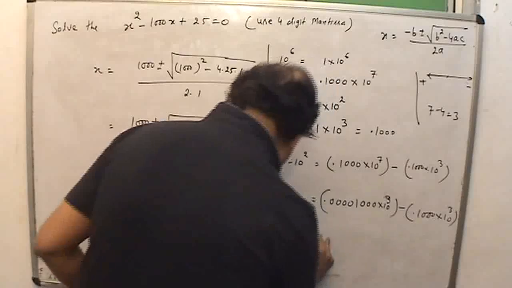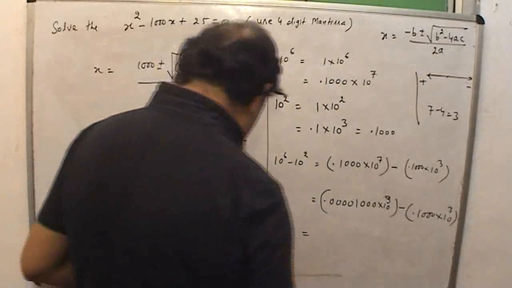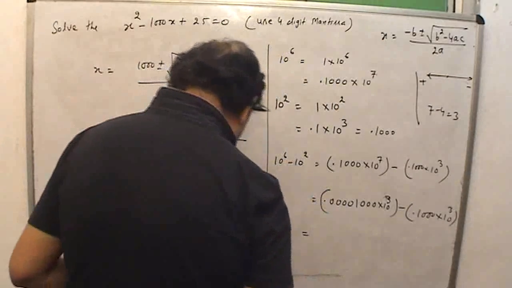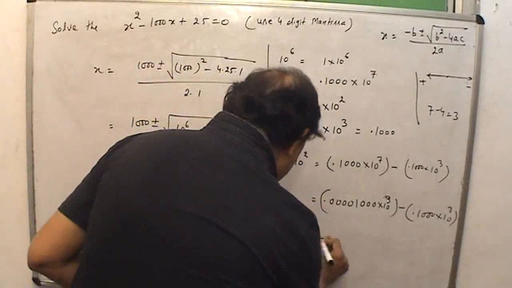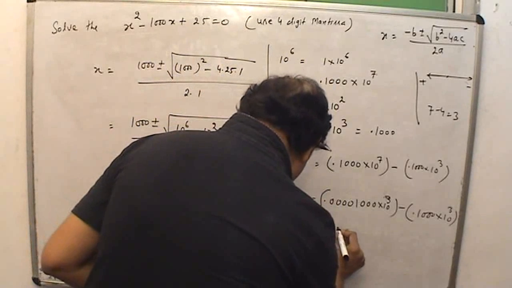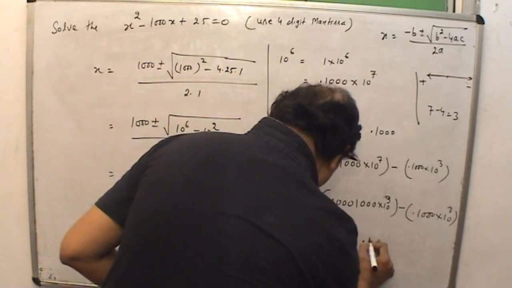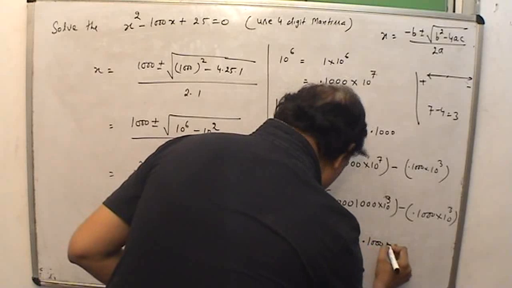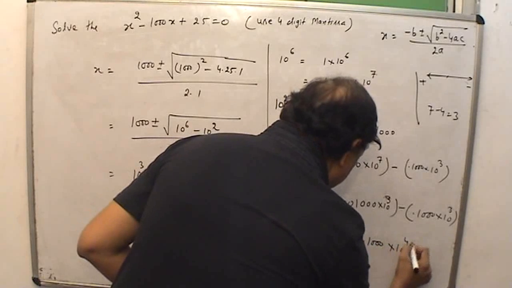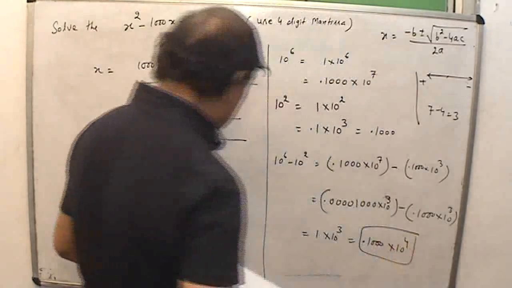If we calculate them, that will give us 1 into 10 raised to the power 3, that is equal to 0.1000 into 10 raised to the power 4. It is the standard form.